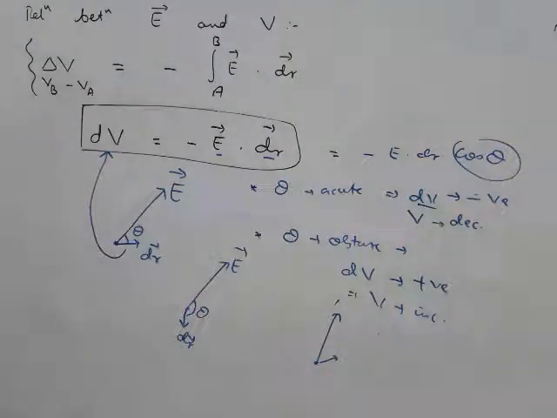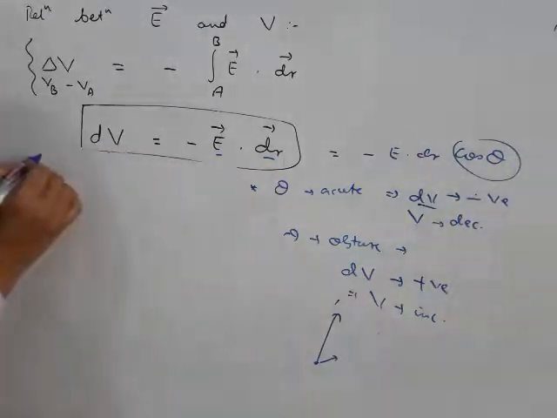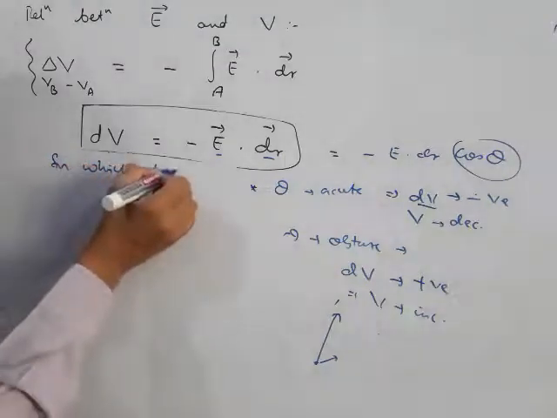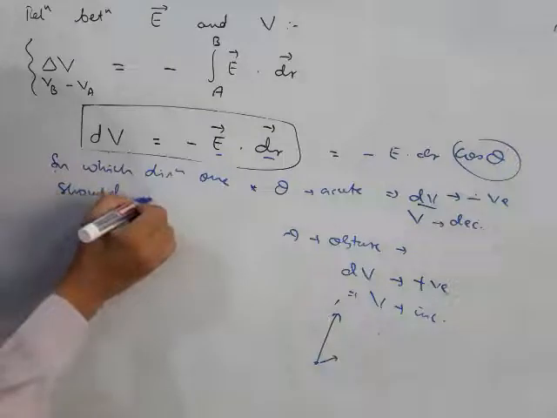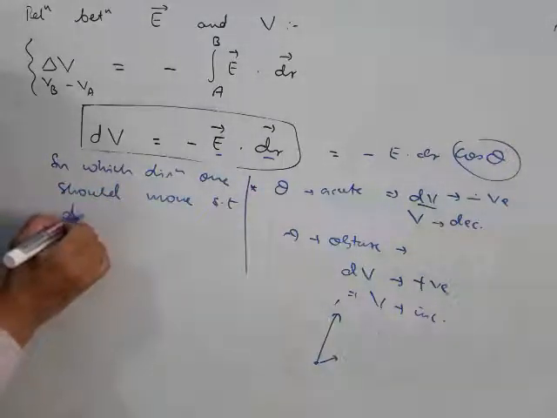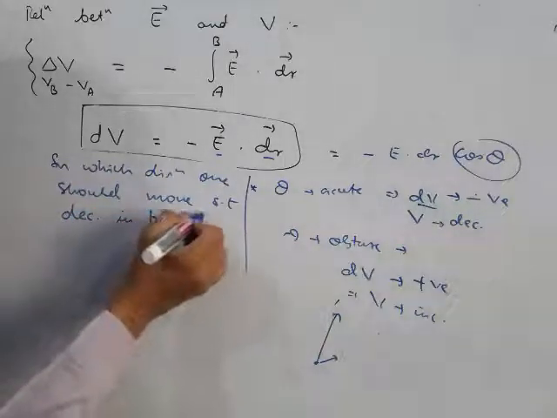That means it decreases at maximum rate. What I wish to ask, in which direction one should move such that the decrease in potential is maximum.